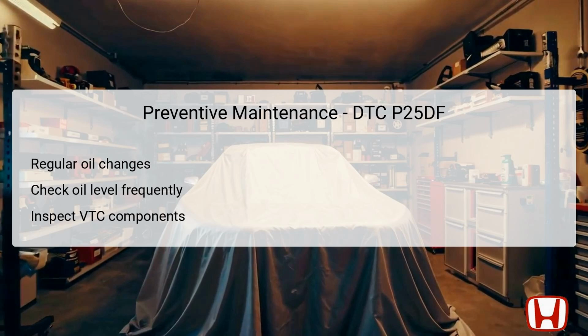Additionally, checking the engine oil level frequently can help catch any leaks or consumption issues before they escalate, ensuring that the VTC actuator has adequate oil to function correctly. Lastly, an inspection of VTC components, such as the oil control solenoids and oil passages, during routine maintenance can detect any early signs of wear or debris accumulation, preventing future malfunctions.